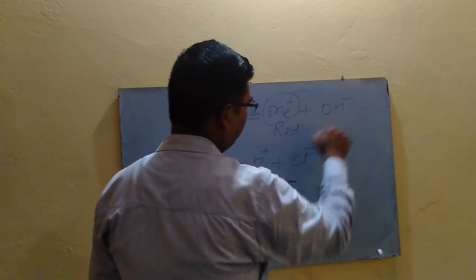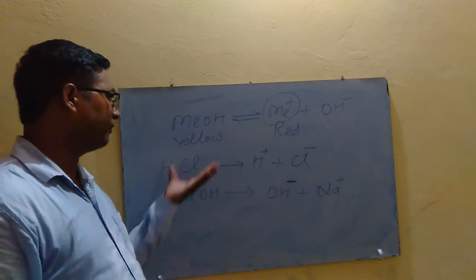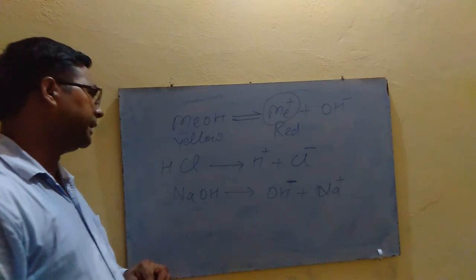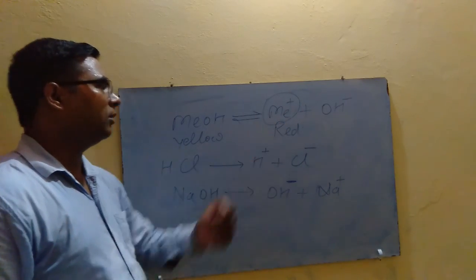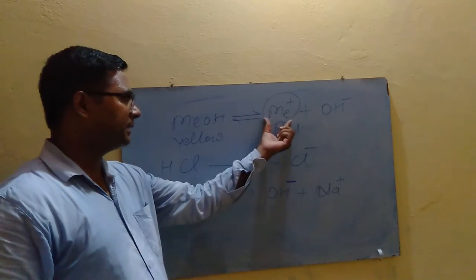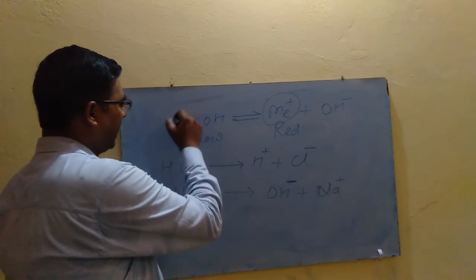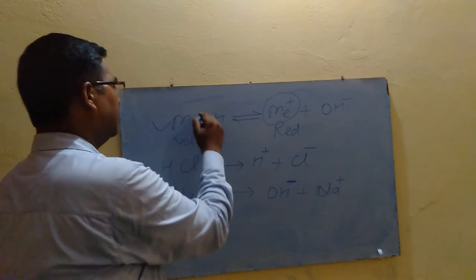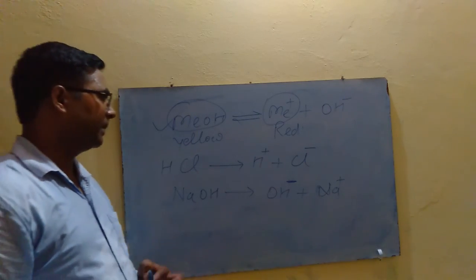So common ion effect will be there, and we know that due to the common ion effect, the dissociation of weak base decreases. So the concentration of ionized molecule of methyl orange will be less, and therefore the color of the solution will be yellow, because the concentration of MeOH will be prominent.